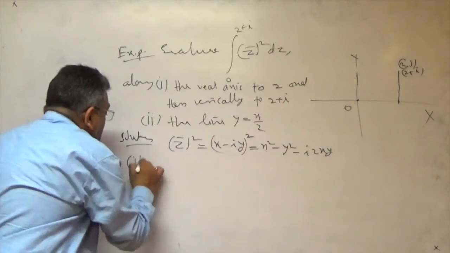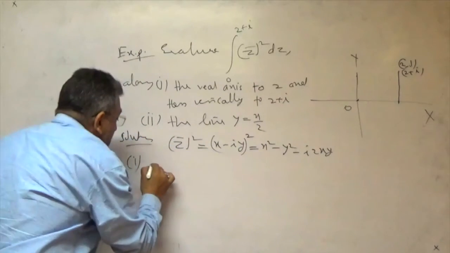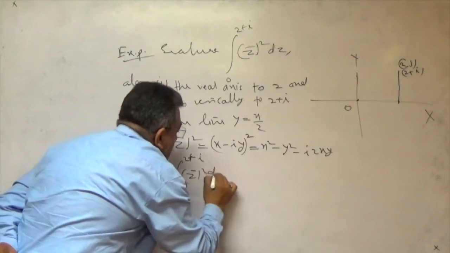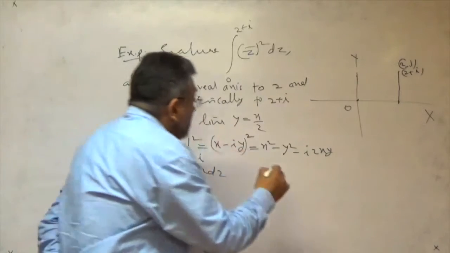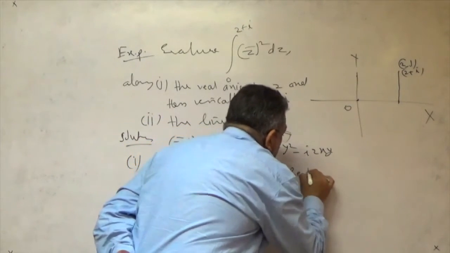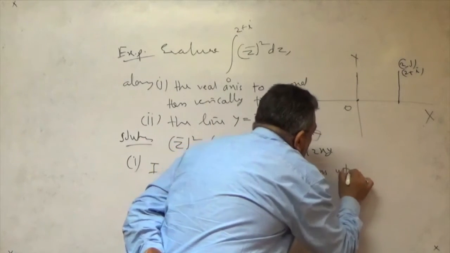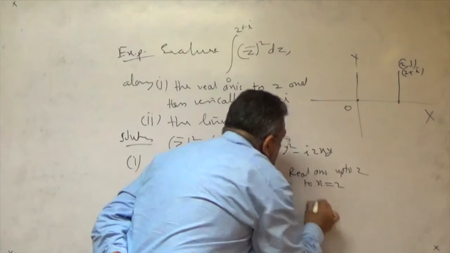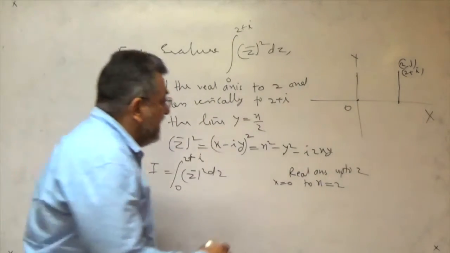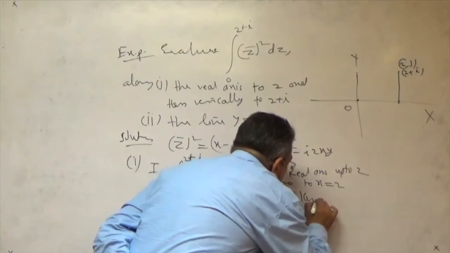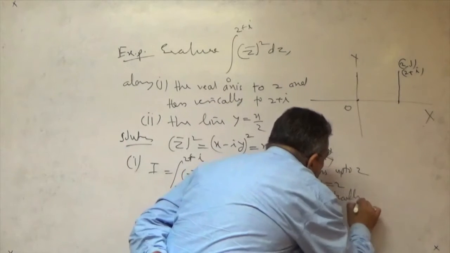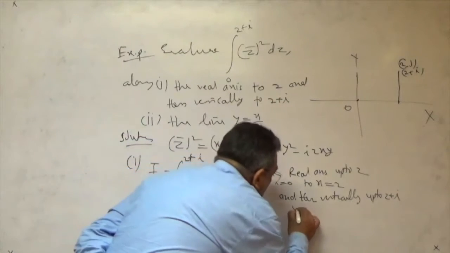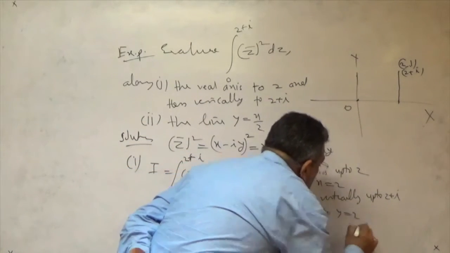Now, in the first case, the path is the real axis, integral from 0 to 2+i of z bar square dz. Path is the real axis up to 2, that means x goes from 0 to x = 2, and then vertically up to 2 plus i, that means y goes from 0 to y = 1.